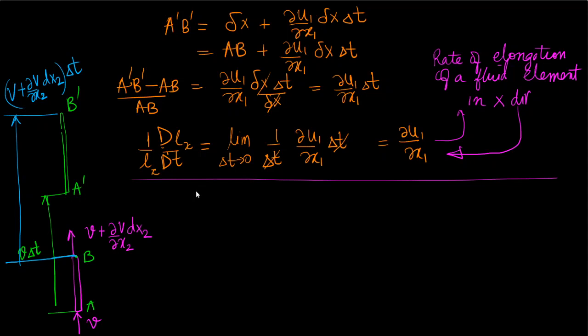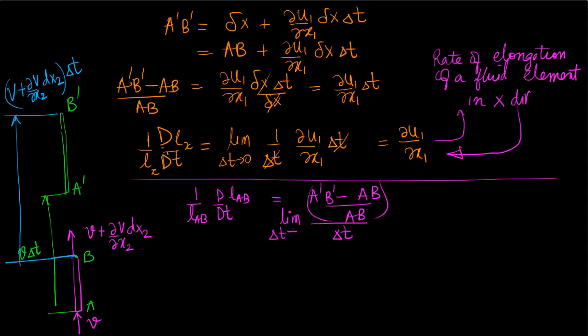the rate of change, so 1 upon length AB times the rate of change of length AB in the y direction is going to be equal to A'B' minus AB upon AB, this whole thing upon delta t, in the limit delta t goes to 0. So this is the time derivative.